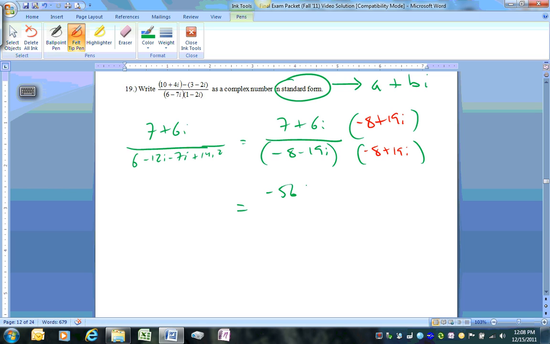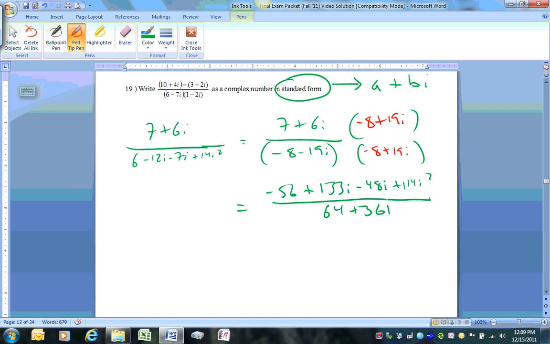Negative 56 plus 133i minus 48i plus 114i squared, all over 64 plus 361.